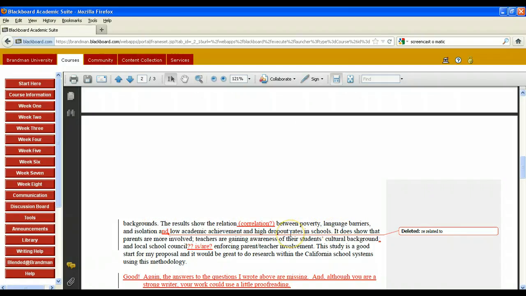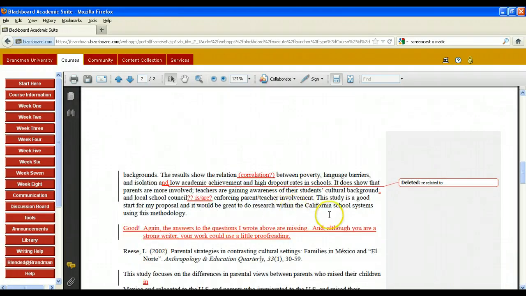There we go. That talks about the findings. And this study is a good start for my proposal, and it would be great to do research within the California school systems using this methodology. Okay, I wish he would have been a little more specific about why this study is good for his proposal and his particular research question, and why it would be great to do research within the California school systems using this methodology. A little more specificity would have been good.